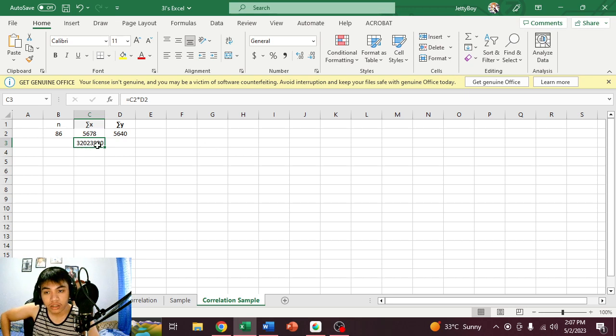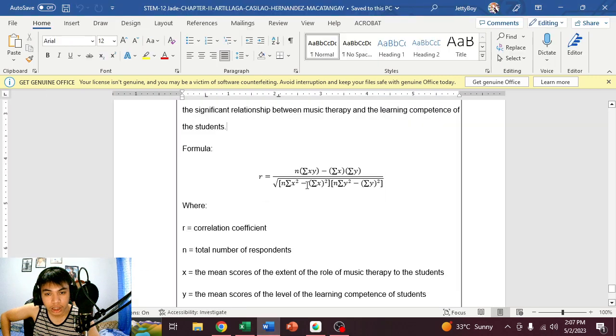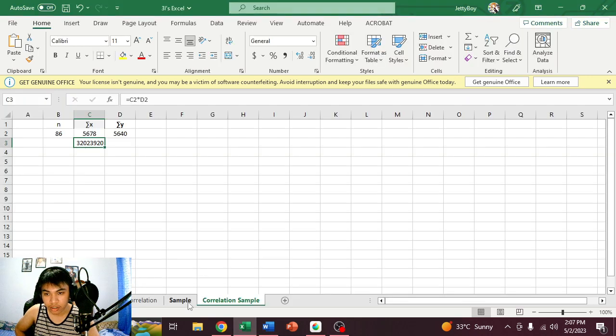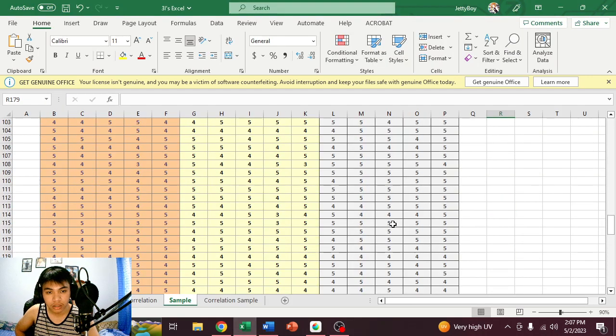that is not the summation of xy, because this would be the value that we need. So the summation of x times y, here, to do that is we need to apply some calculations again.